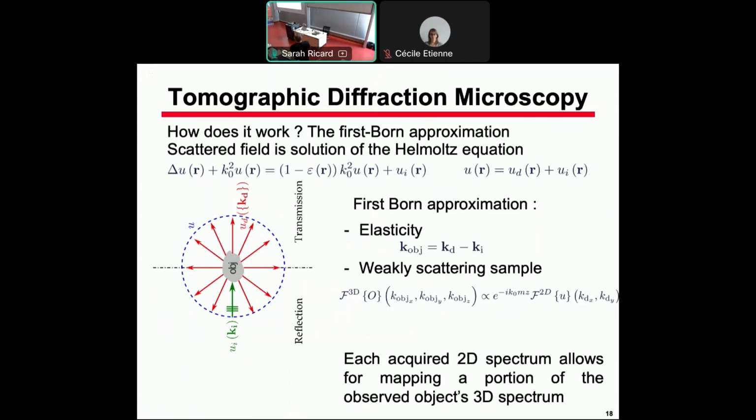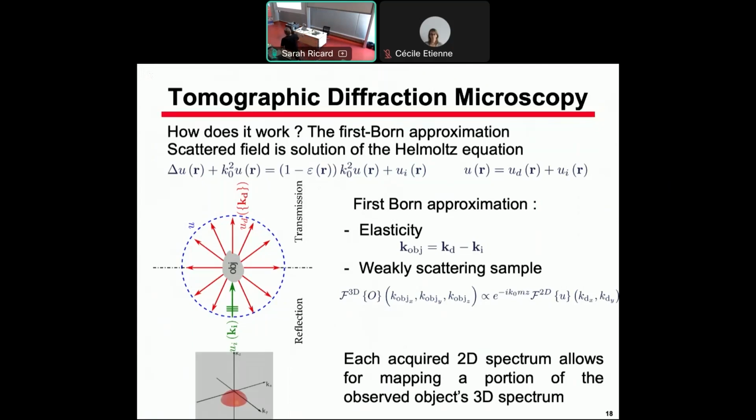But the trick is each 2D spectrum is mapped on this sphere. So I measure the 2D spectrum on the CCD, I correctly map it on the sphere, then I shift it because I know the illumination, and in principle, I measure wave vectors from the object. That's the trick.